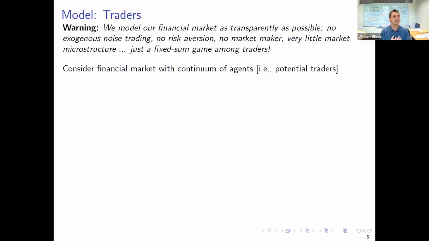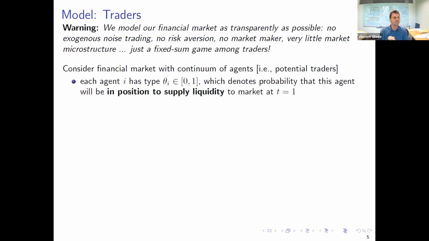So consider a simple financial market with a continuum of agents. Right now, I call them agents because they are potential traders, but they might decide not to participate. Once they participate, we call them traders, but for now, let's just call them agents. Each agent i has a type theta_i, which denotes a probability that this agent will be put in position to supply liquidity to the market at time 1.